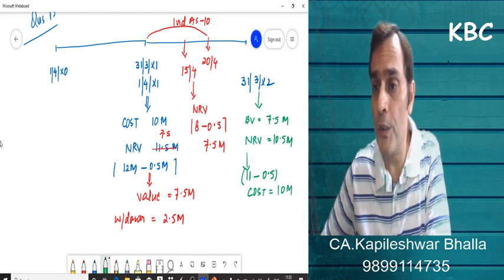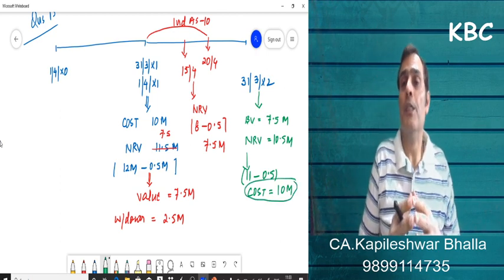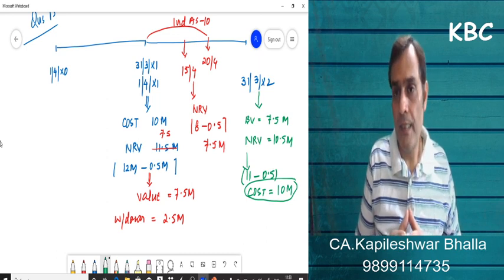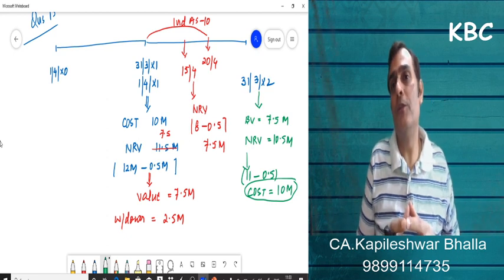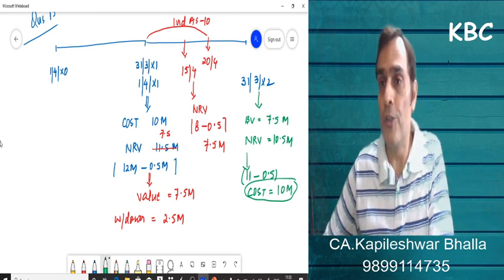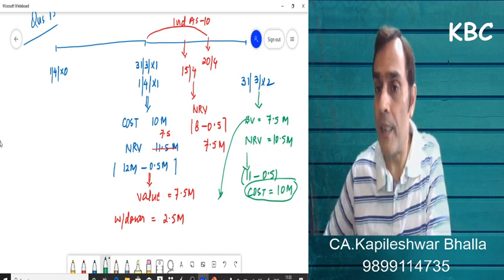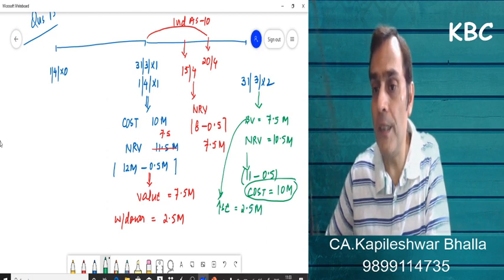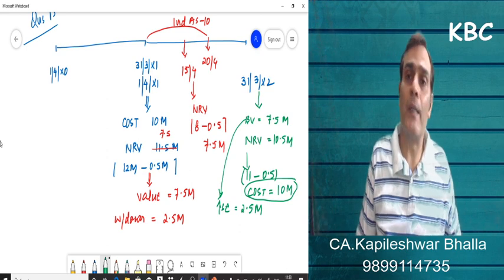So considering whichever is lower, the cost or the NRV, we would consider the inventory at 10 million. That means you can scale up the value of inventory on 31st March X2. So we can now increase this inventory to 10 million. That means we can increase it by 2.5 million, which would mean the entire reversal of what was done on the first balance sheet date.